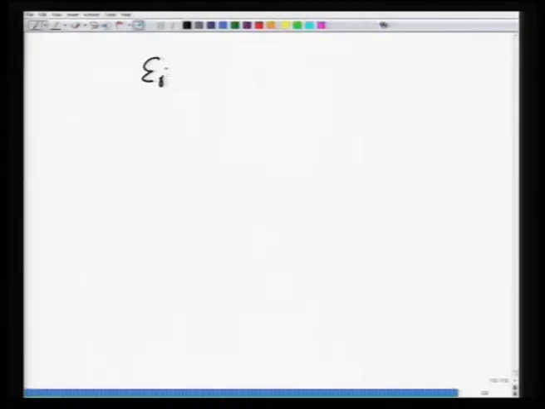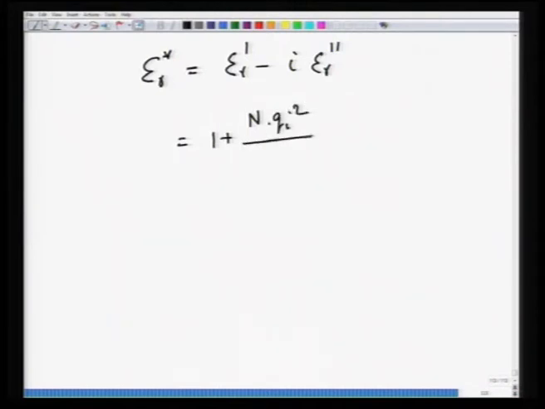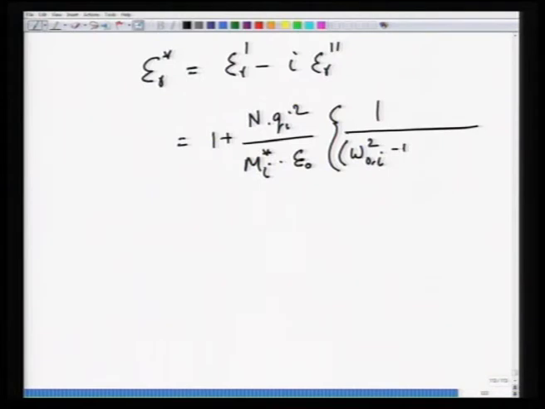So, we know that epsilon r star is equal to epsilon r prime minus epsilon r double prime, and this is equal to 1 plus n q I square divided by m I star into epsilon naught into 1 divided by omega naught I square minus omega square plus I gamma I omega.